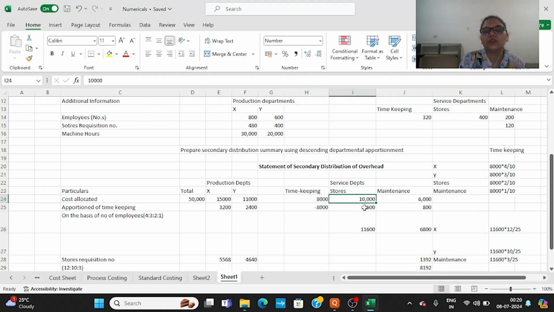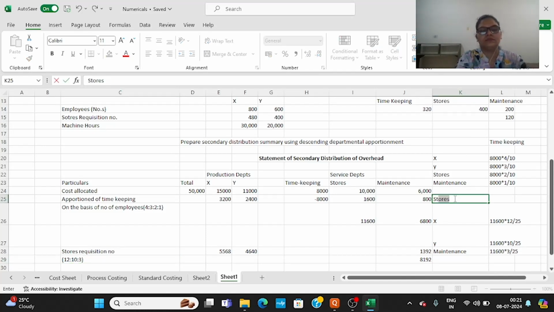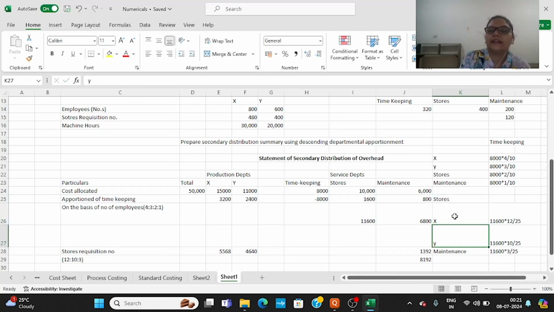Now the cost of the stores department has increased, that is 11,600, and for the maintenance department it is 6,800. Now we will allocate stores cost on the basis of stores requisition number, and we will calculate the ratio for that. We will get the ratio of 12 is to 10 is to 3. Stores are allocated to X, Y, and maintenance.